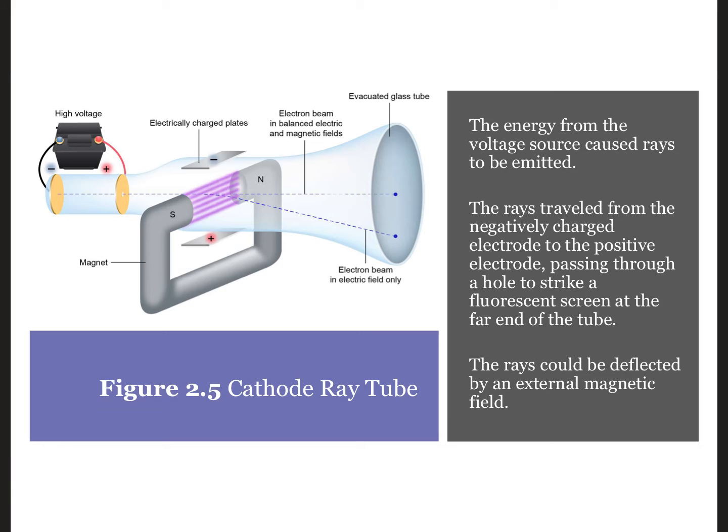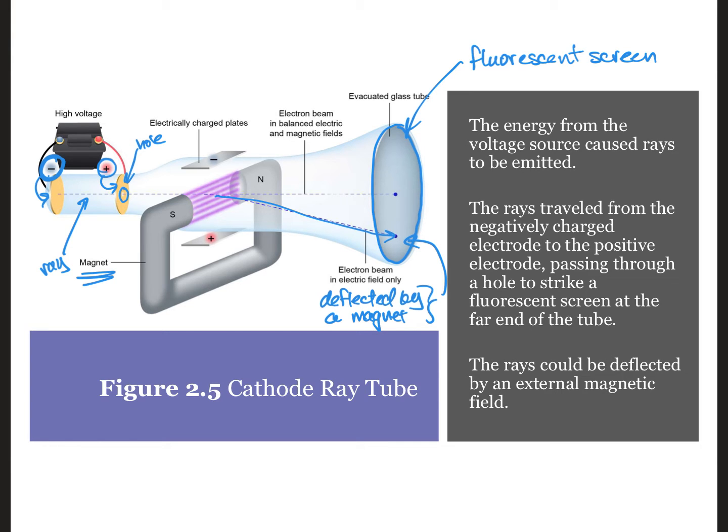The energy caused rays to be emitted, and the device allowed the rays to pass through a hole and strike a fluorescent screen at the far end of the tube. The rays traveled from the negatively charged electrode to the positive electrode and could be deflected by an external magnetic field, which eventually led to the understanding that cathode rays are actually beams of electrons.